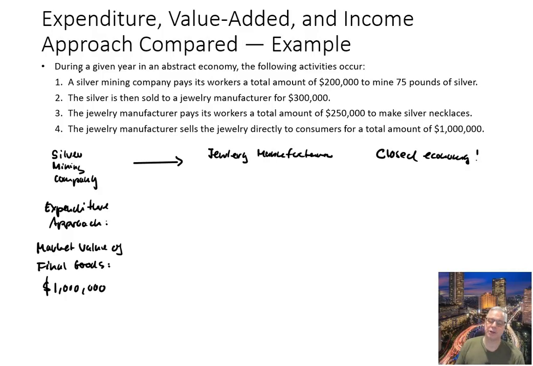Okay, so that's the expenditure approach. It's pretty straightforward. So now let's take a look at the income approach.